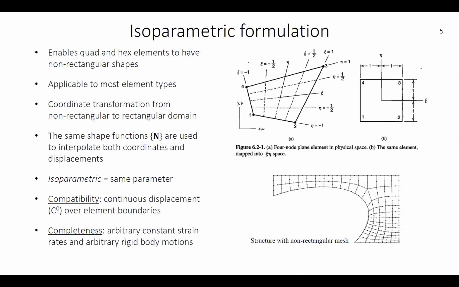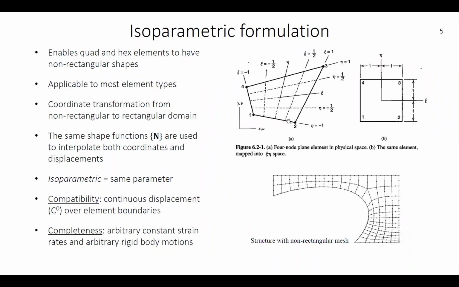This isoparametric formulation is applicable to most elements because all elements need to be non-rectangular in order to be useful in analysis. We are using coordinate transformation from the non-rectangular domain, as we see here, to a rectangular domain.